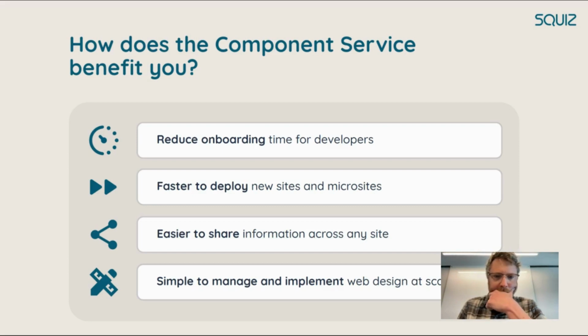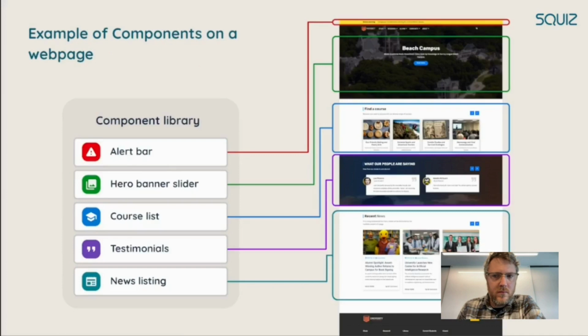You can syndicate components, meaning you can share information such as alerts or event information and easily republish across any site, whether that's Matrix or a non-Matrix site such as WordPress. It's simple to manage and implement web design and replicate across many sites. Here's an example of the landing page that we're going to create today in the demos with 5 different components.